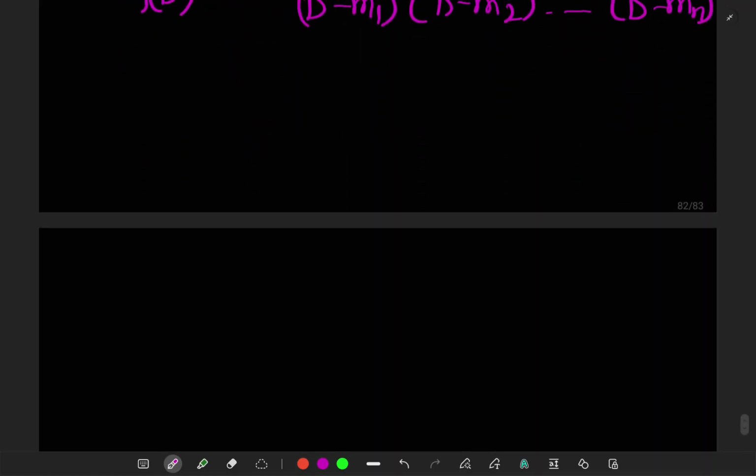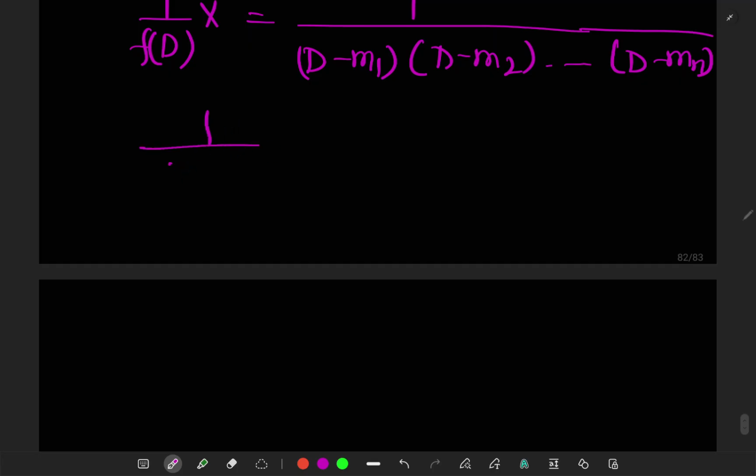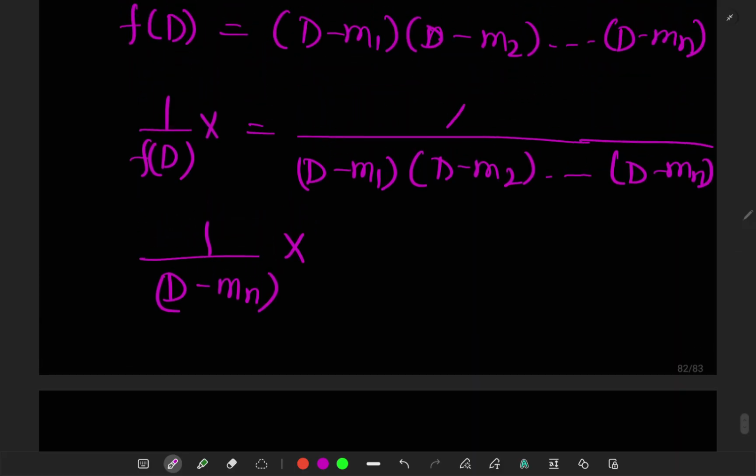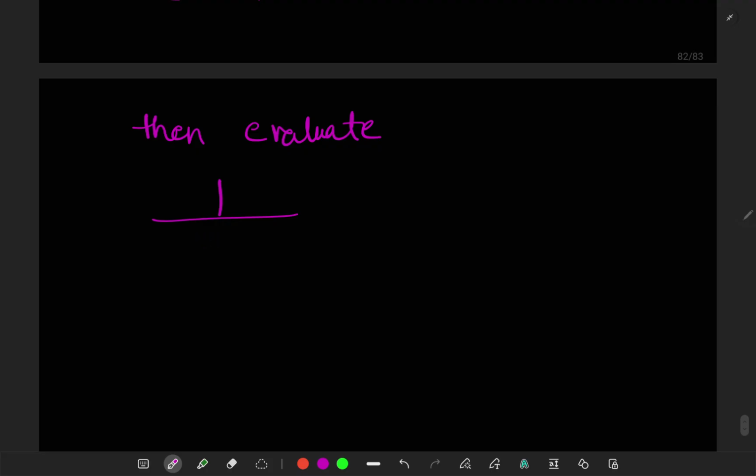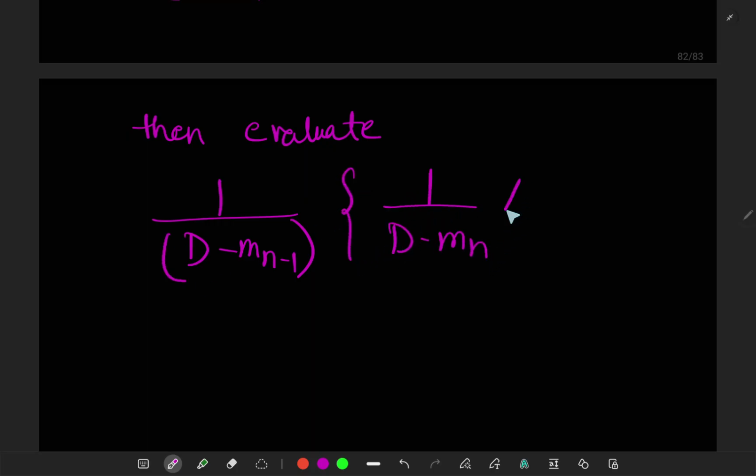First we need to evaluate 1 upon D minus mn x. Then evaluate 1 upon D minus m(n minus 1) into 1 upon D minus mn x, etc.